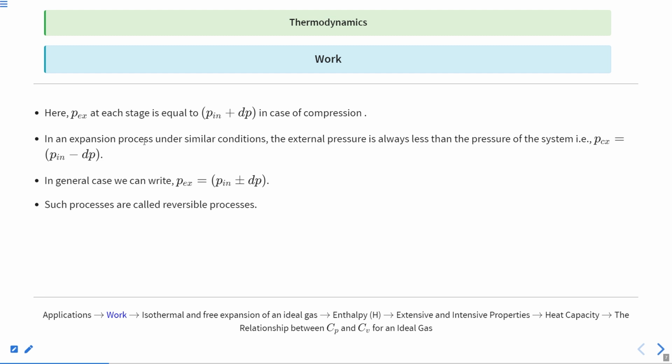If it was a case of expansion, it would be the opposite, P internal minus dP, because we have released some pressure from the outside. So your new P external will be P internal minus dP. In the general case, we can write P external is equal to P internal plus or minus dP. Clear? Such a process in which we are doing such small steps is called a reversible process.